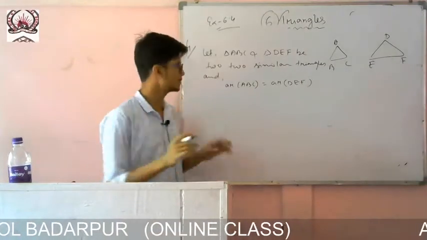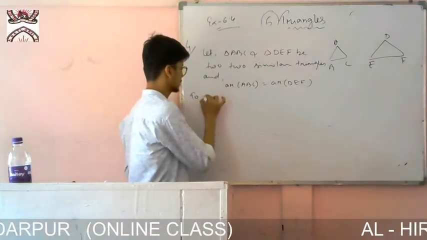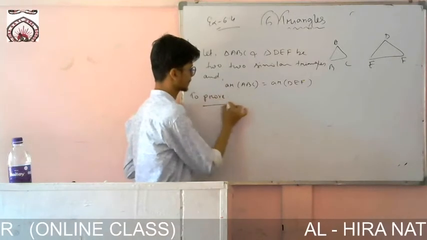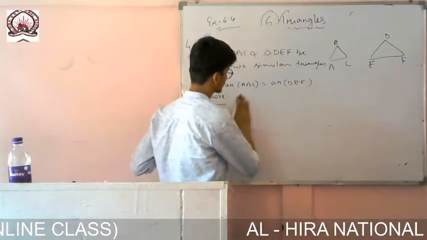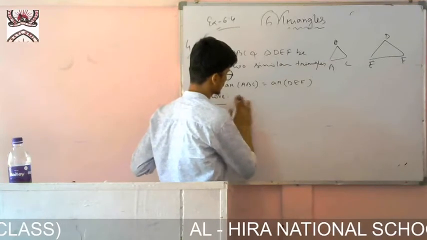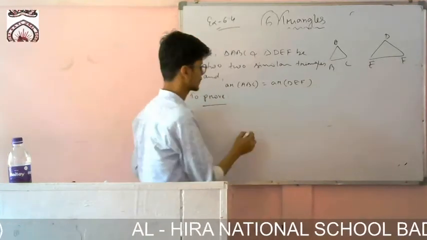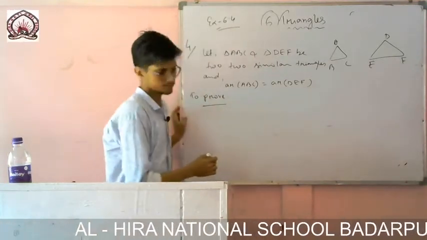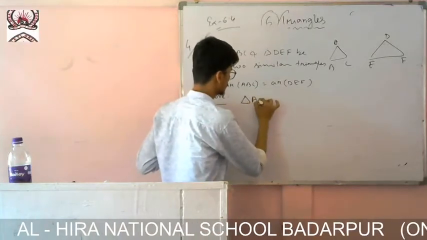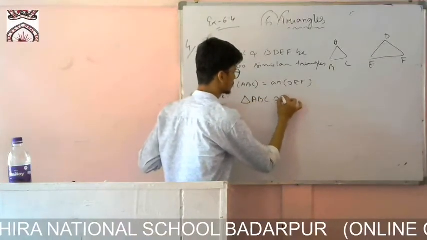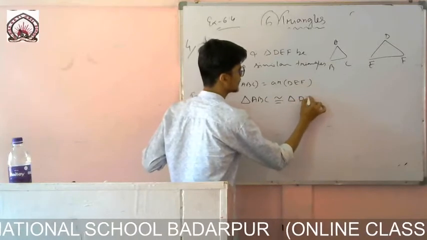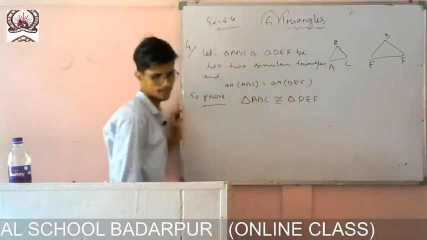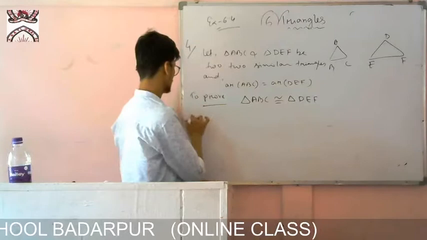What do I have to prove? I have to prove that ABC is congruent to triangle DEF. Only 2-3 lines, you just see.